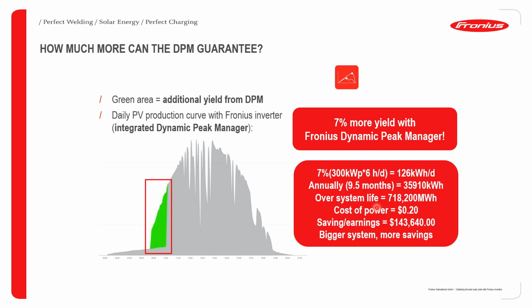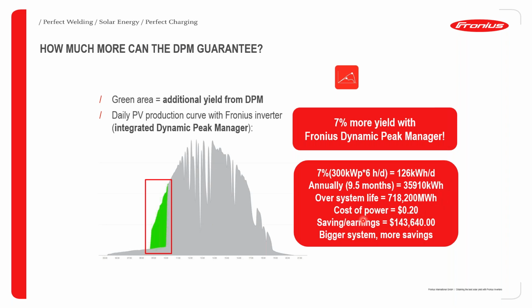And this can also be worked out into actual cost savings or earnings, because if you're going to borrow or get power from the grid to cover the instances where the PV array is shaded, then you are buying power from the grid, and therefore this can be said to be a cost as far as power is concerned.